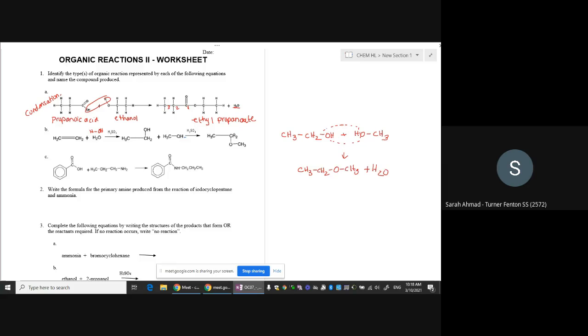So if I look at this, I've got 1, 2, here's my methyl, and here's my ether with the, sorry, ethyl, and this is my methyl. So first step is an addition reaction. Second step is a condensation reaction, correct? Naming: ethene, water, ethanol, methanol, and then this would be called methoxyethane.